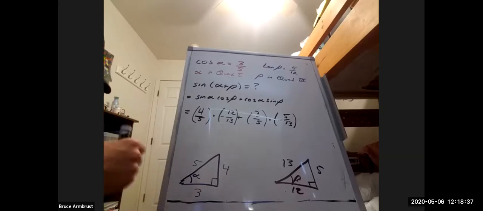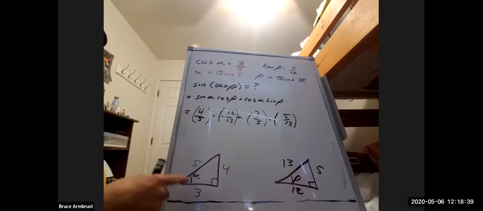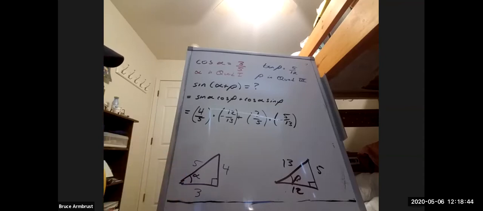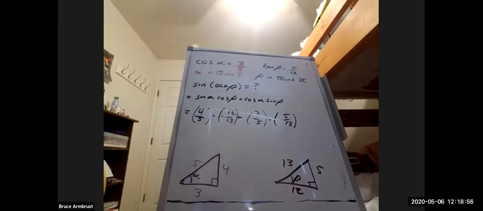Be really careful with that, especially when you draw the right triangles, because it's super easy to get lulled into thinking all the trig functions are positive in a right triangle. But this is the reference angle, which means if we're somewhere else, like in the case of beta in quadrant 3, we have to keep track of the signs.